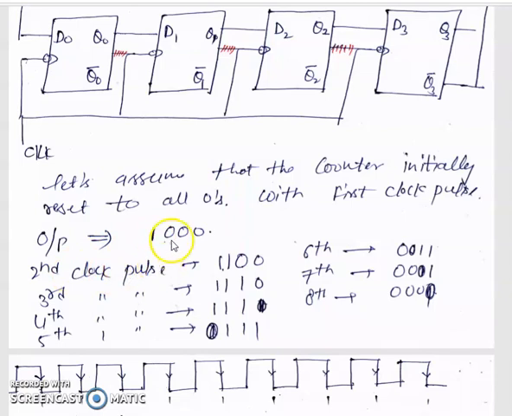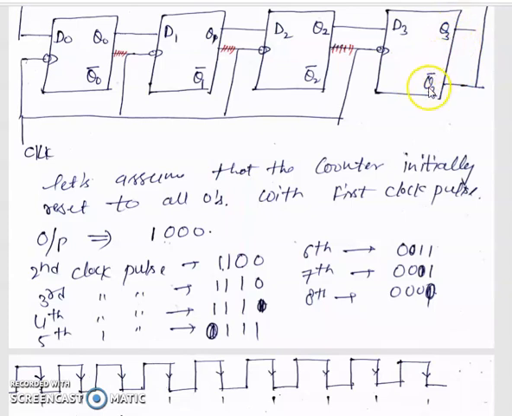In the second clock pulse, we look at the first flip-flop, D0. Q3 is 0, but Q3 bar is 1, since it is just the opposite of this output.